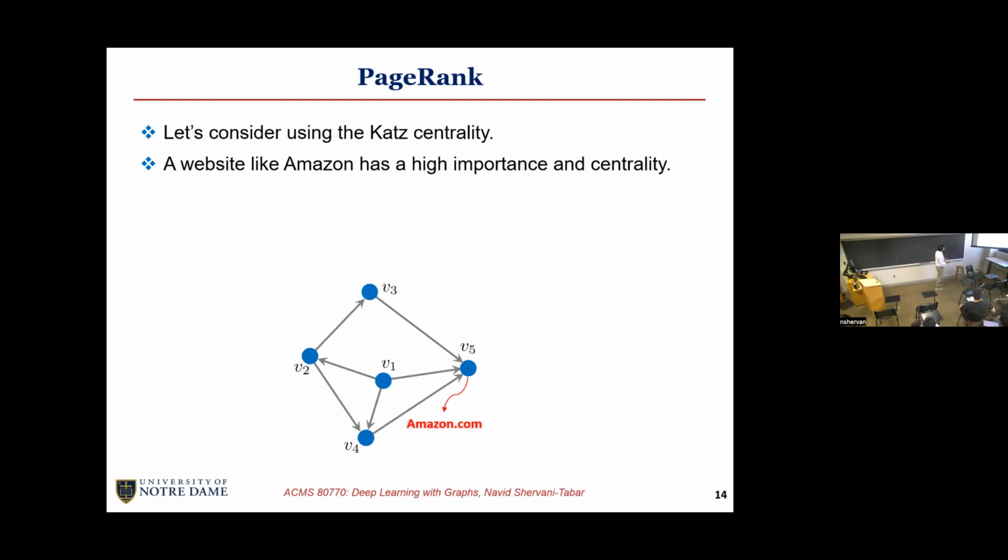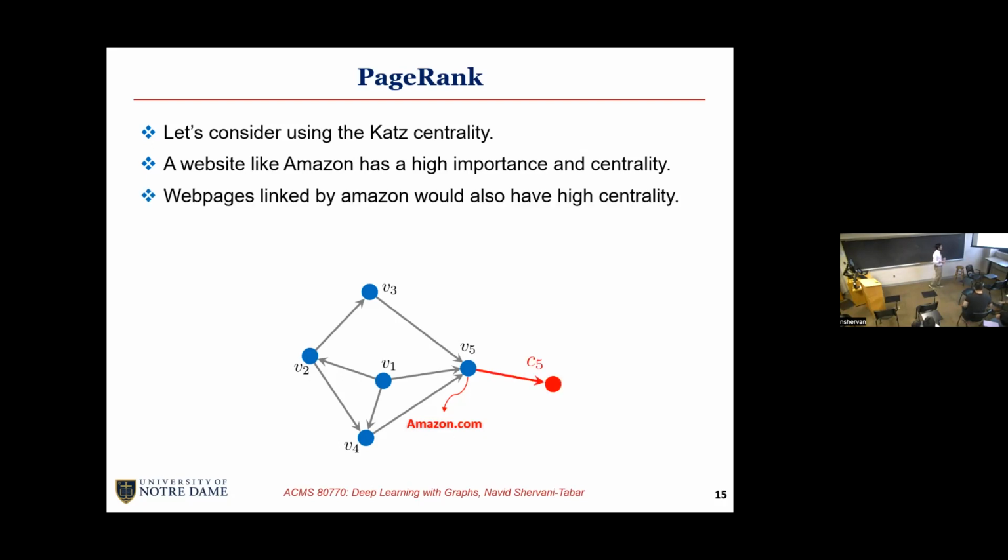So let's look at this graph again. We had this node V5 with the highest importance among these nodes, right? So let's assume that there are some web pages and Amazon is in between them. And Amazon is, by any measure, a very important website. It has been linked by many people. So let's say that this V5 is Amazon.com.